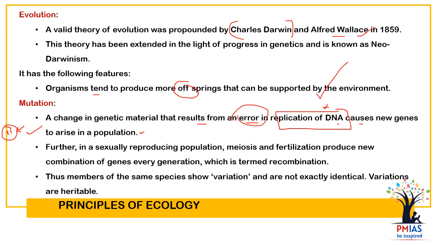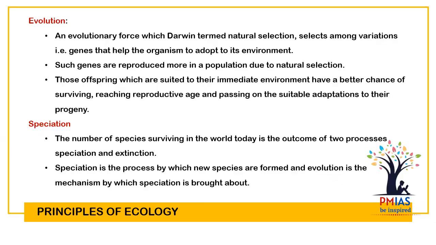And thus the members of the same species show some variation and are not exactly identical, and variations are hereditary. So even if two species interbreed, it is not necessary that the offspring will be exactly like them. There are some possibilities of variation.